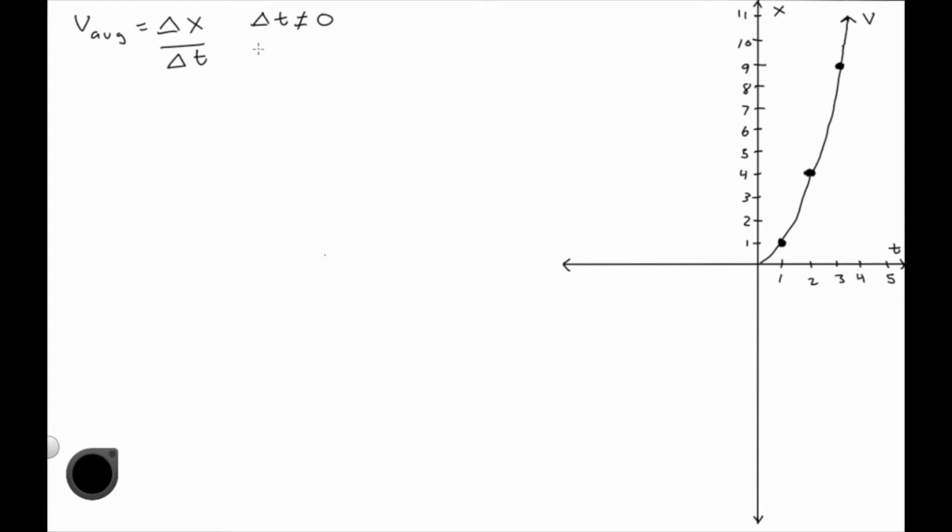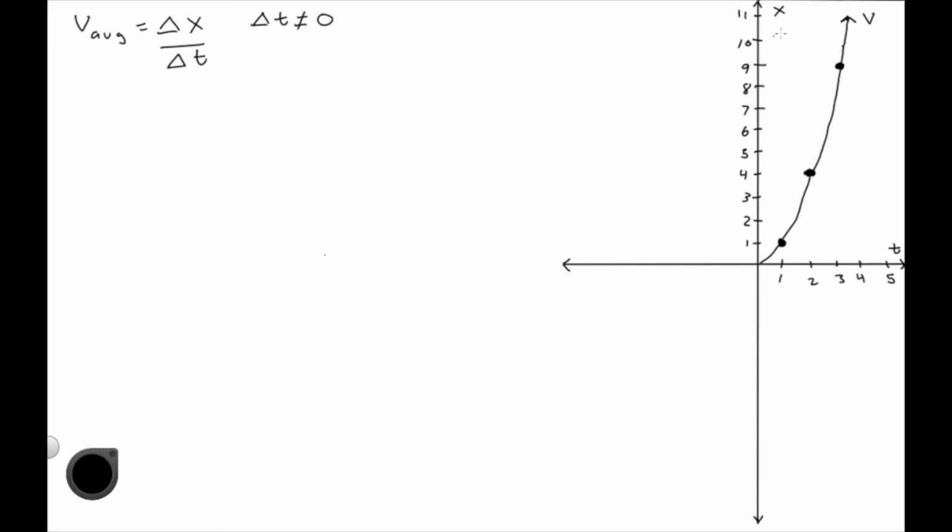So let's say we have a simple curve showing us how the object moves with respect to time. The y-axis, which is the vertical line, tells us the object's position in space, so where it's at.